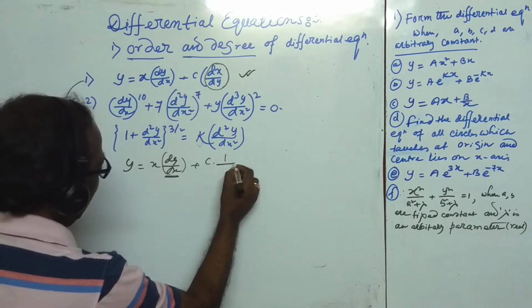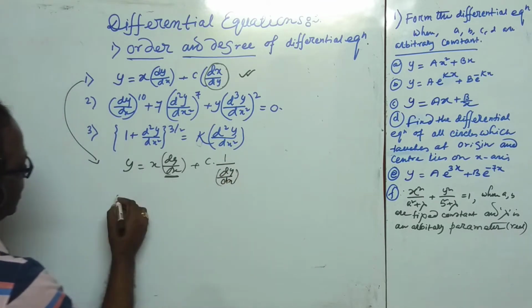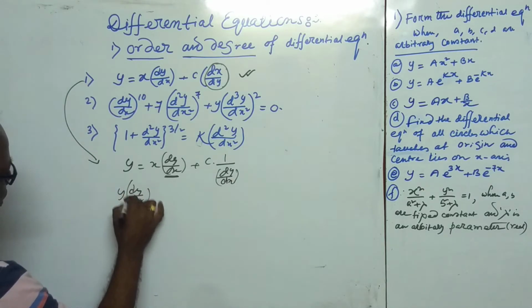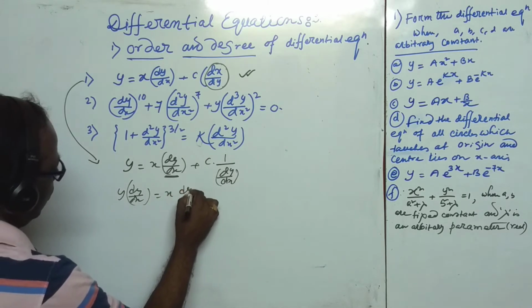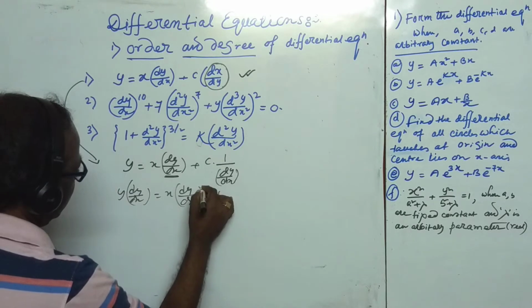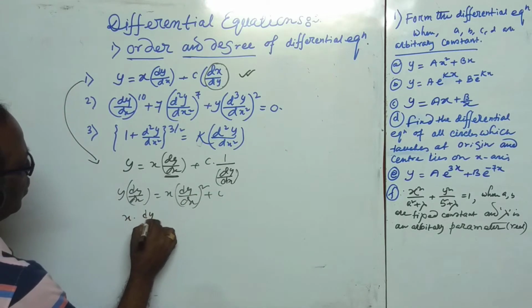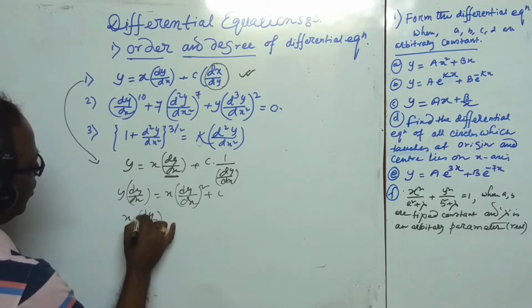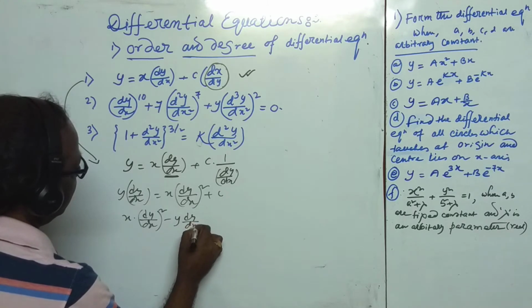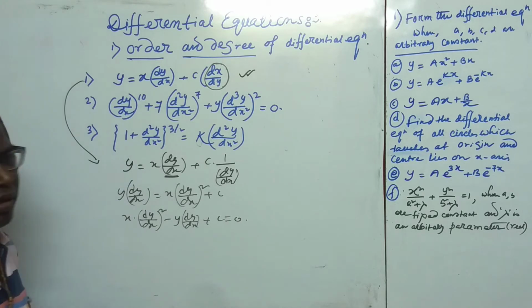So you change it like that, dy by dx, and take an LCM, y into dy by dx and x into dy by dx whole square plus c. So again we write x into (dy by dx) whole square minus y into dx by dy plus c equal to 0.